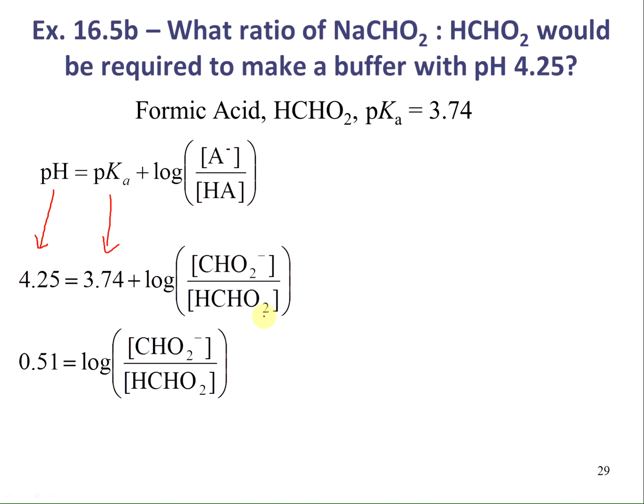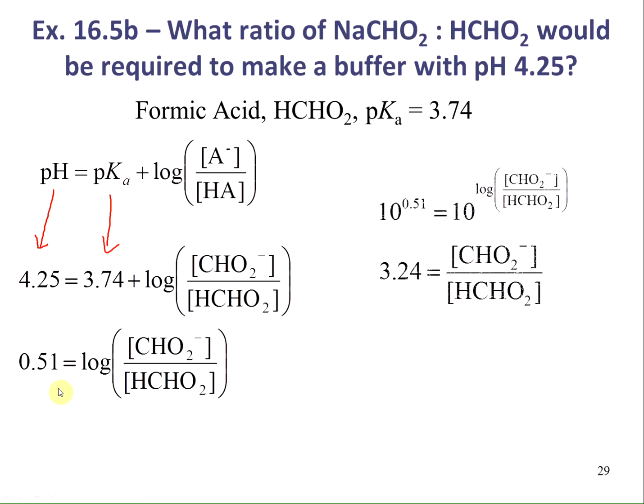So 4.25 minus 3.74 gives me a value of 0.51. And to get rid of the log, I raise both of these sides to the power of 10, so 10 raised to the 0.51 and 10 raised to the log of the base to acid concentration ratio.